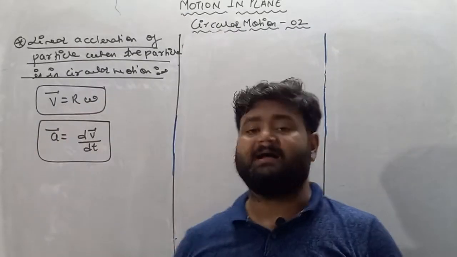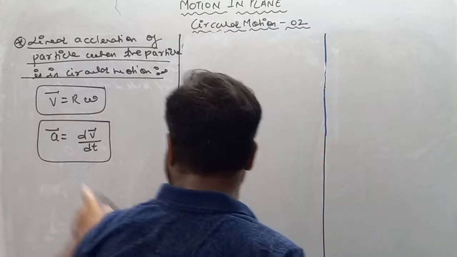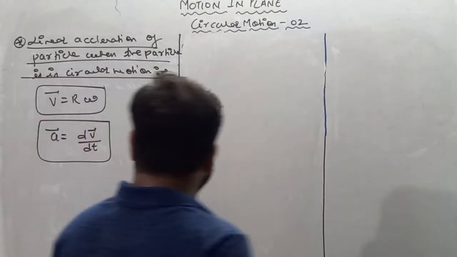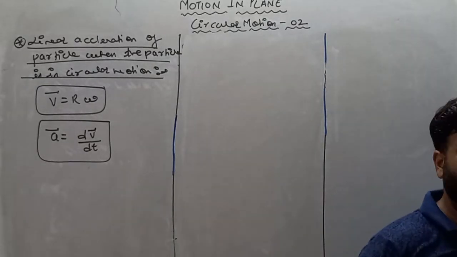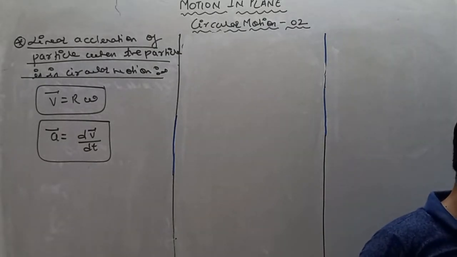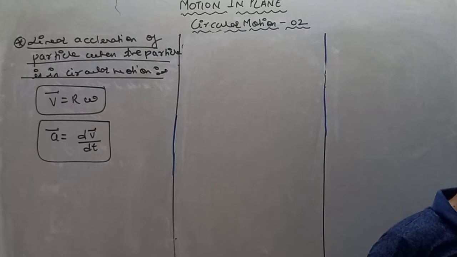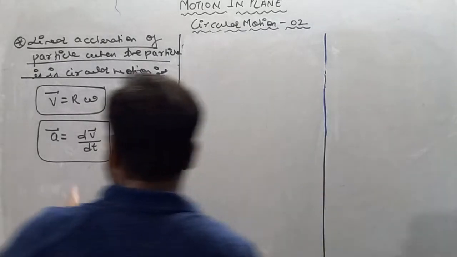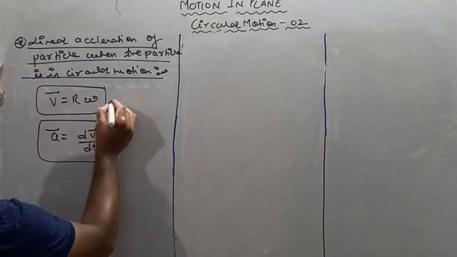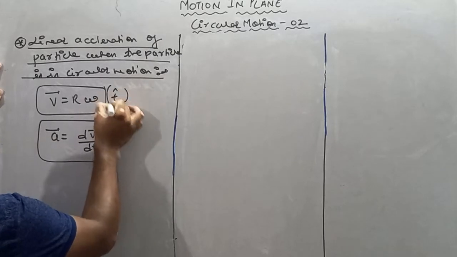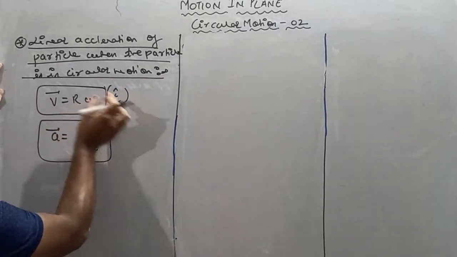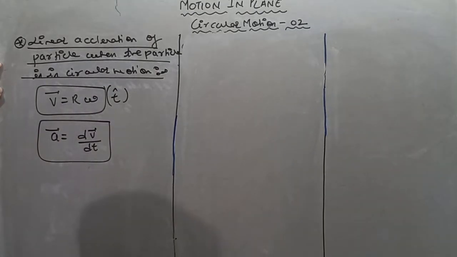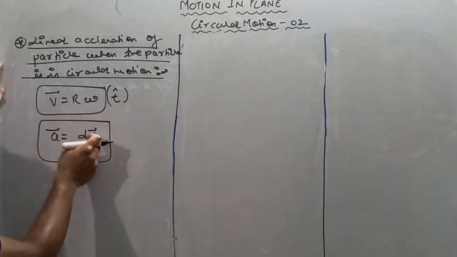It is the change in velocity, that is dv vector by dt, and we know that this velocity is towards the tangent. As we are writing the vector, along with magnitude I'll put the direction as well. It is t cap.